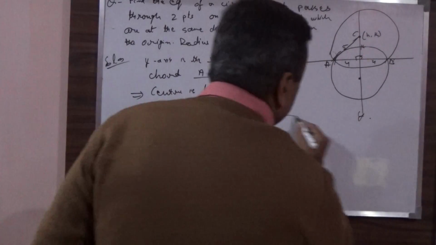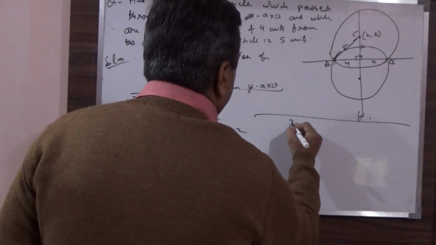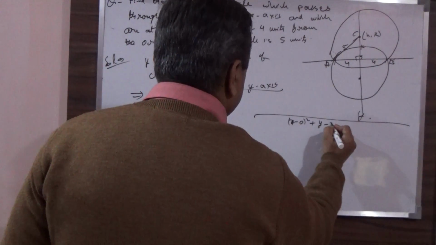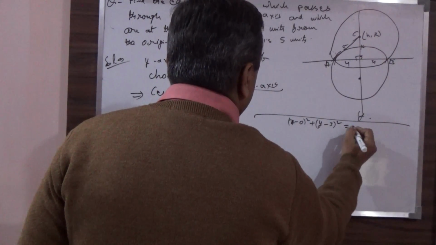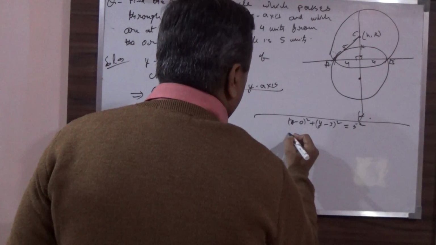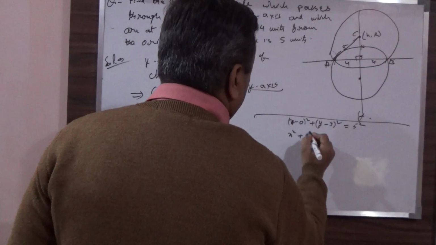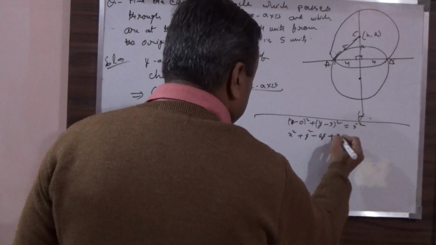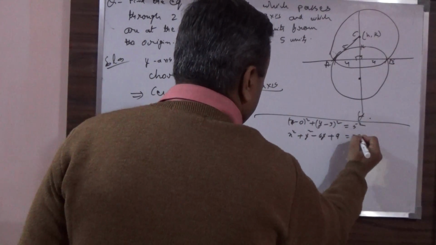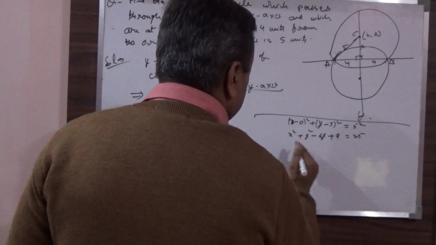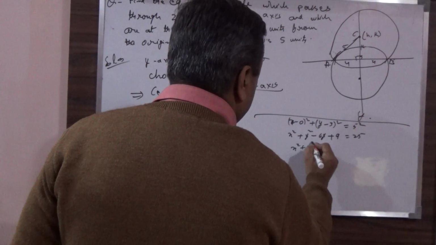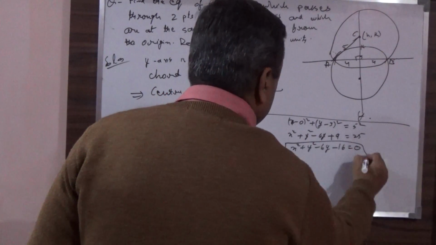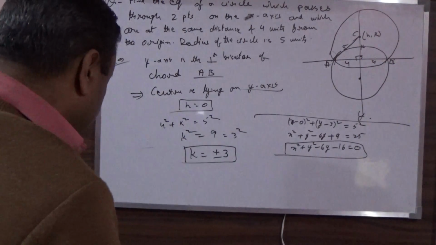The first will be (x minus 0) square plus (y minus 3) square is equal to 5 square, or x square plus y square minus 6y plus 9 is equal to 25, or x square plus y square minus 6y minus 16 is equal to 0. One equation is this.